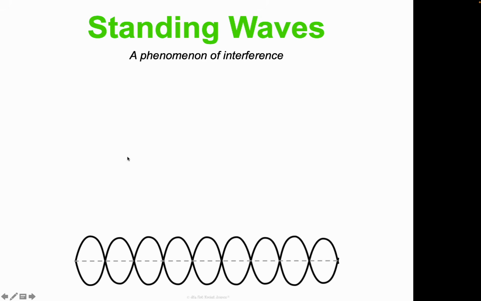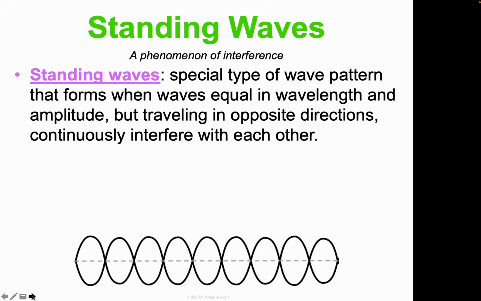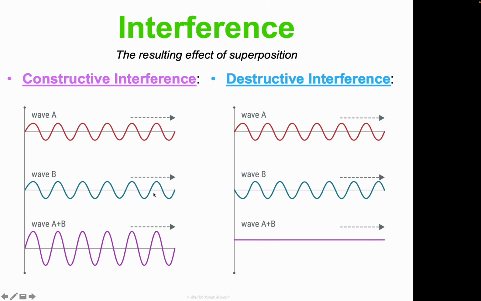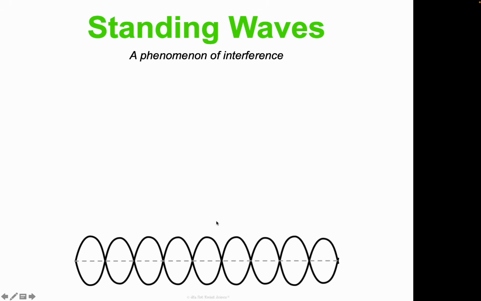Now, another thing related to interference is a standing wave. This is a phenomenon of interference or superposition. It's a special type of wave pattern that forms when waves equal in wavelength and amplitude, but traveling in opposite directions, continuously interfere with each other. See what this looks like when they're traveling in opposite directions versus here, notice our arrows, they're all traveling the same direction. This is when they're going opposite.